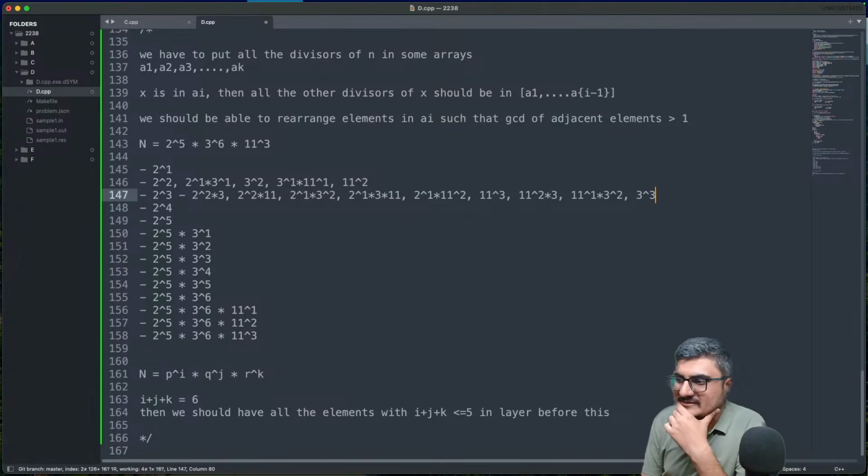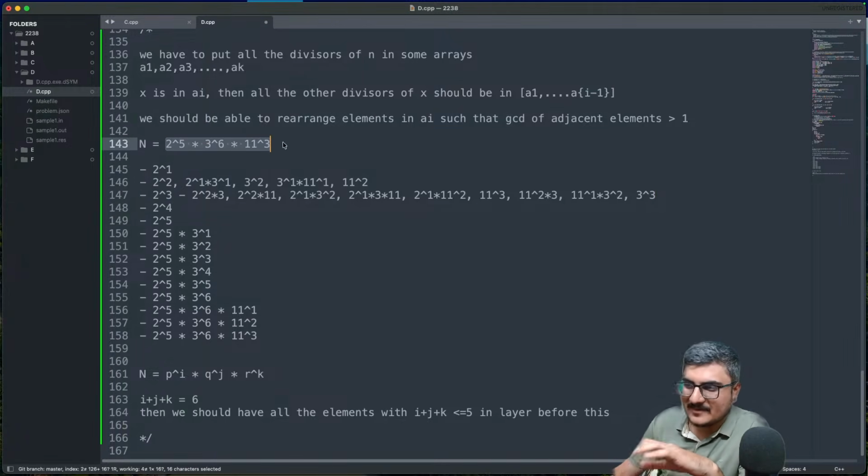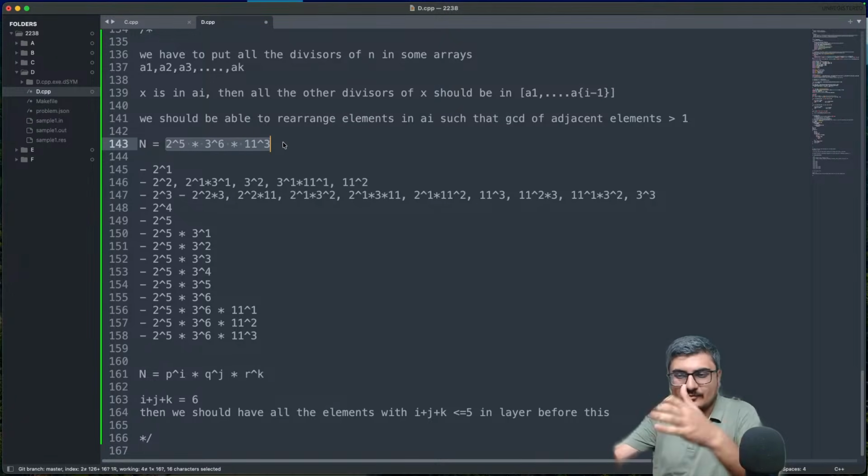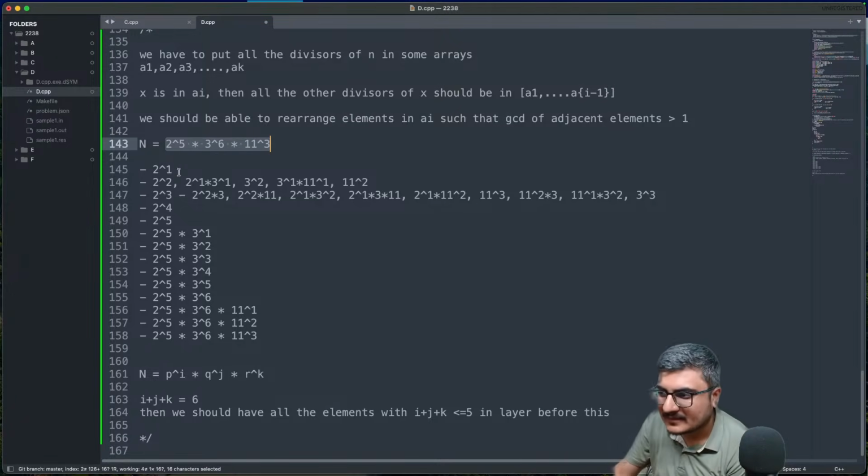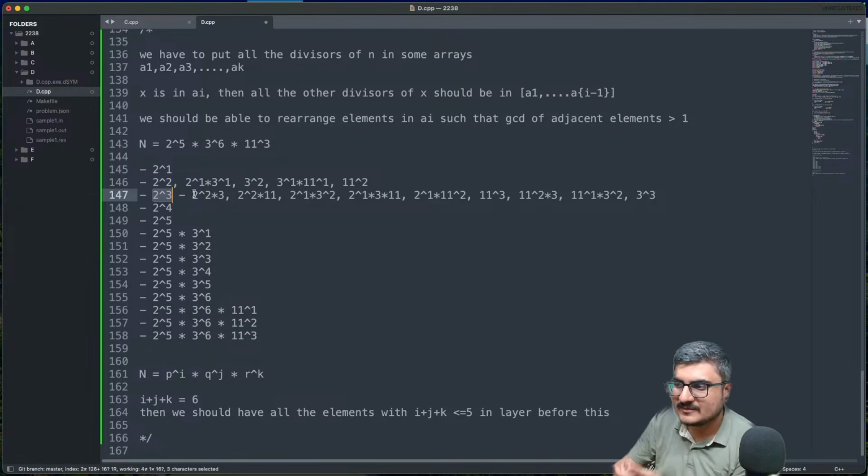So the crux of the idea is that in the layer where you have 2 to the power 3, you can actually put in all the prime numbers such that the sum of the powers of all the primes is 3. And you can arrange it in some form. The idea would be that first you have 2 to the power 3, exhaust all the multiples of 2 that have sum as 3.